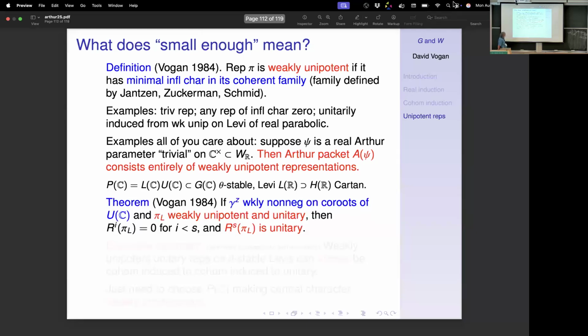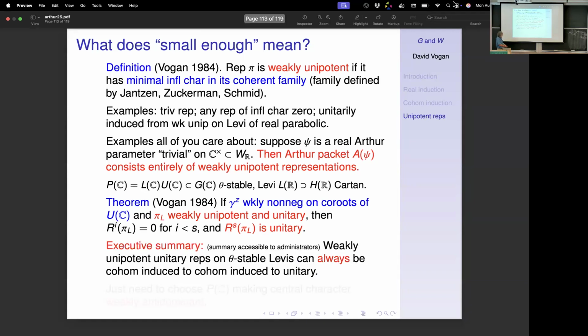Okay, so the theorem I wrote about cohomological induction is that if the central character is weakly, I've gotten all these positive things backwards, non-positive on the co-roots, and the representation on the Levi is weakly unipotent and unitary, then you get a vanishing theorem and preservation of unitarity.